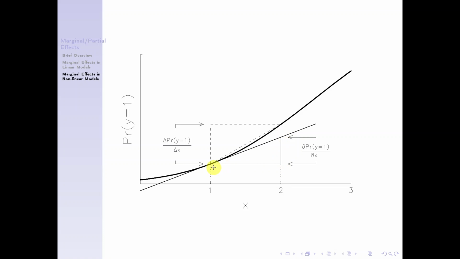What about discrete change? Well, discrete change is the amount of change in y over the amount of change in x on this curve, okay? So we say if we change x by 1 unit, so from here to here, okay? Or from here to here, to be more convenient. What is the amount of change in y? Well, for y, we increase from here to what? To here, right?